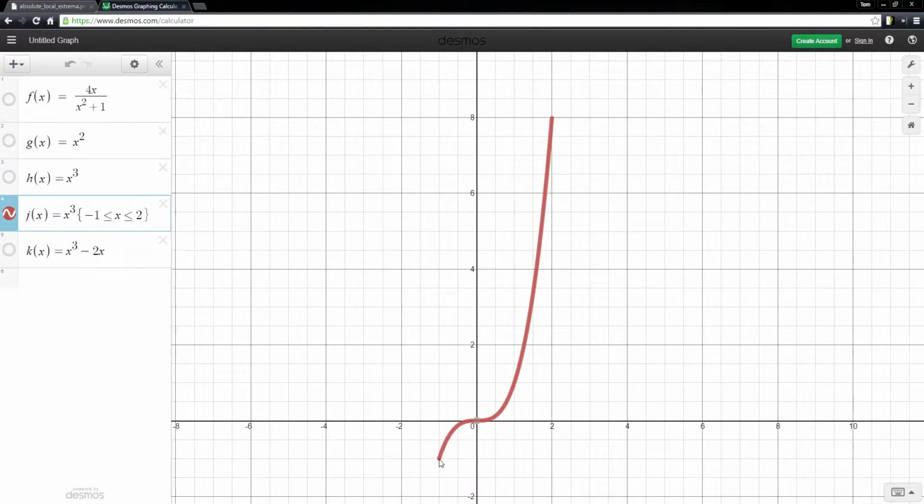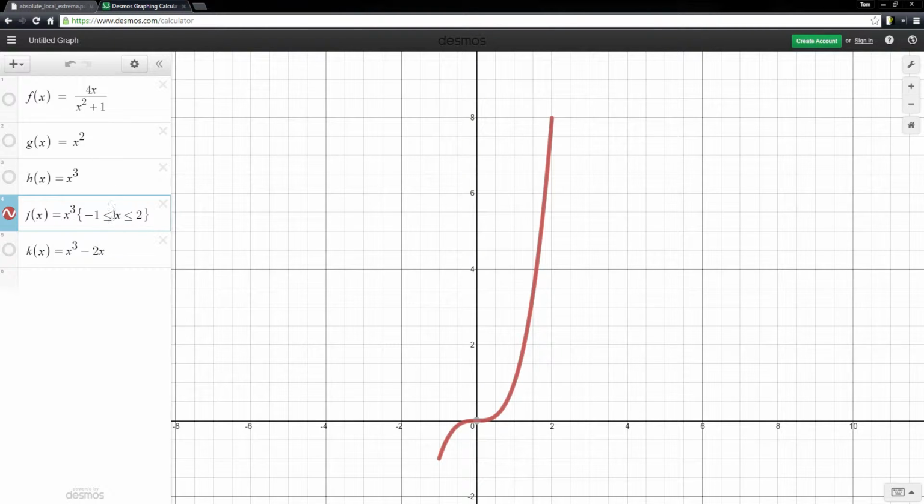The absolute lowest point is down here on the end, and the y value there is -1. So the absolute minimum of this function on the interval from -1 to 2 is -1. And it also has an absolute maximum up here at that right-hand endpoint, and you can see that the y value at that endpoint is 8. So it has an absolute maximum on this interval from -1 to 2.